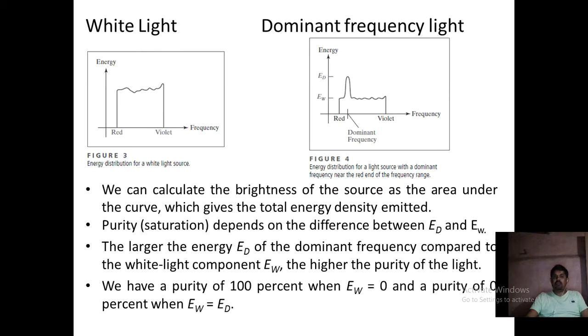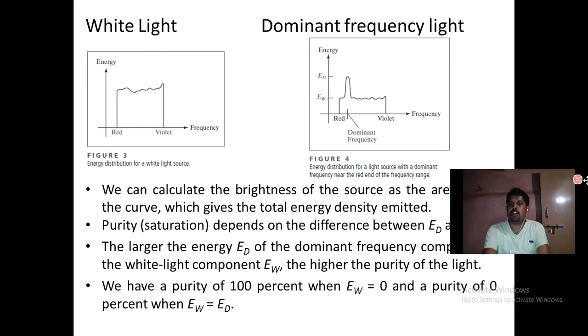Again, it depends how much quantity you add, that much purity you will get. When you want only the dominant purity of any color, you don't mix any other colors along with that, only take red, right? That time EW, white, is 0, and that is pure.